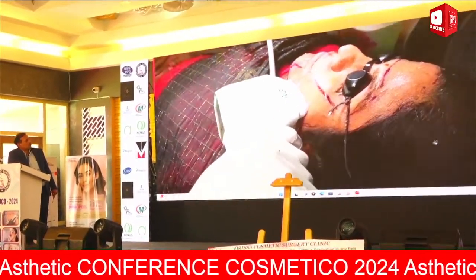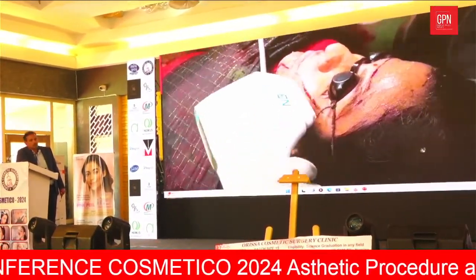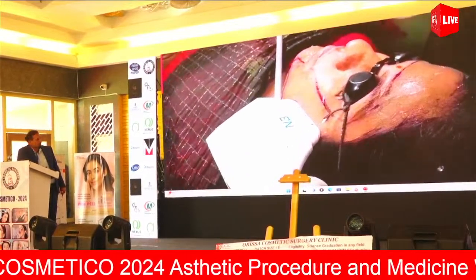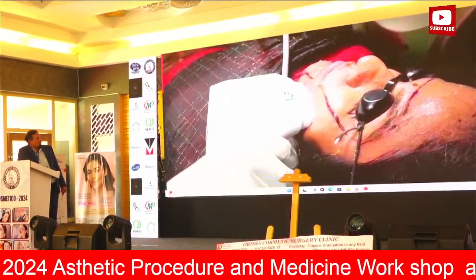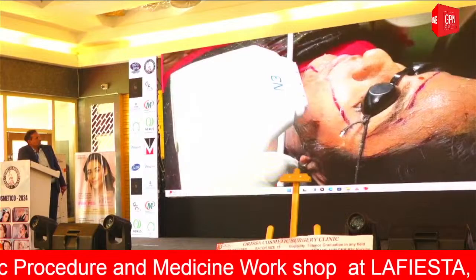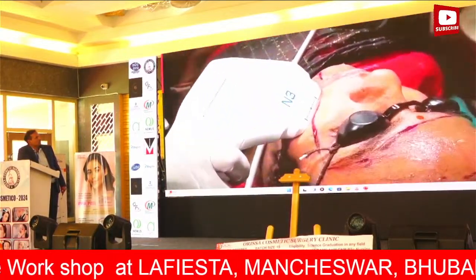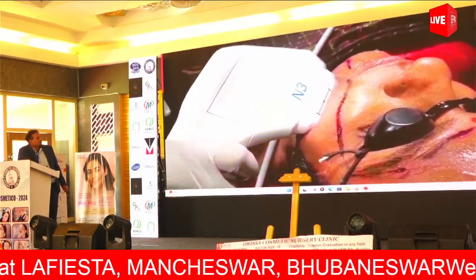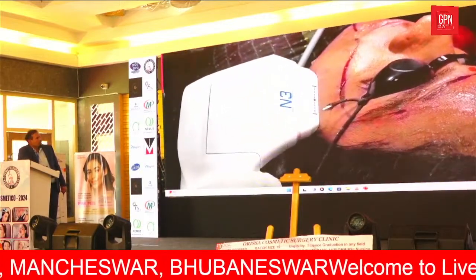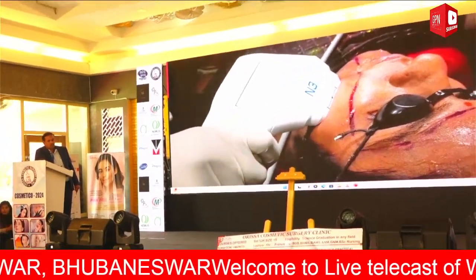The mid face should be treated with N3. Mostly we use the 3 millimeter technique. Here, in the carotid area, there are different settings for energy, fluence and frequency, which should be done like this.